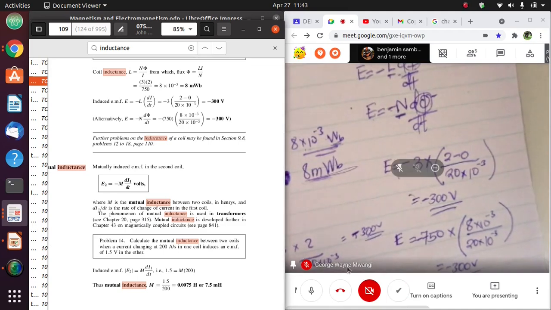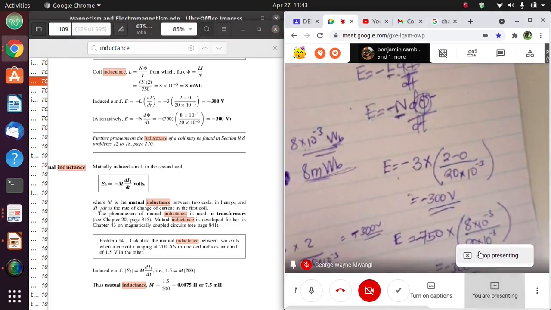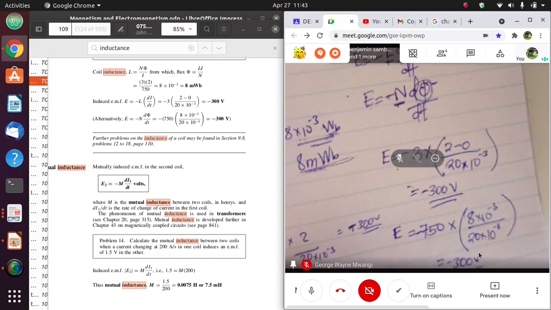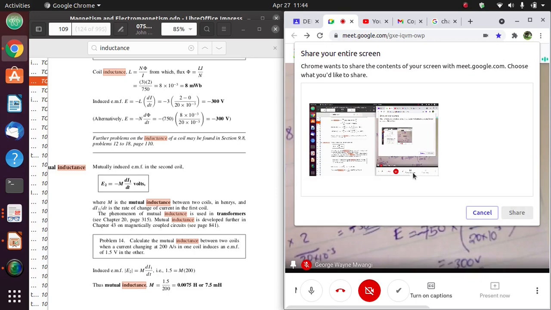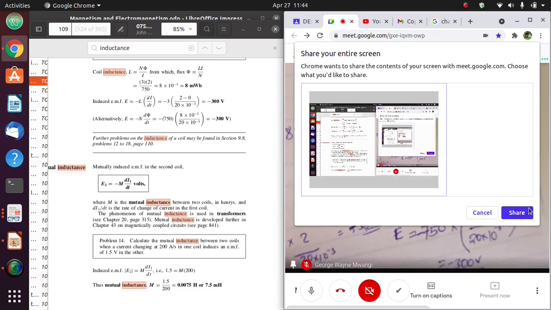Now, I want to talk about something small. We had said that inductance can be self-inductance or it can be mutual inductance. When we talk about self-inductance, we say that the change in current in that conductor or in that circuit will cause an EMF.